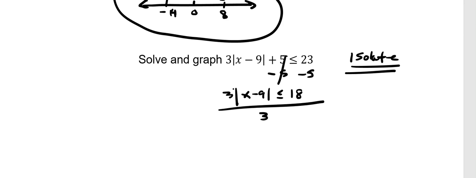Divide everything by 3, and you will get the absolute value of x minus 9 is less than or equal to 6. We're now at the point where we're ready to treat this as a compound inequality, specifically an "and" compound inequality. We'll get more into how we can read this symbol, but this is an "and" statement again. We can think of whatever x minus 9 is as being no further away than 6 to the right of 0 and no further away than 6 to the left of 0.